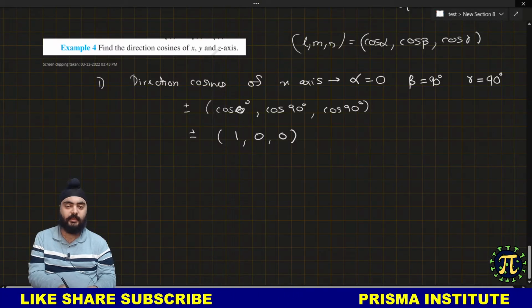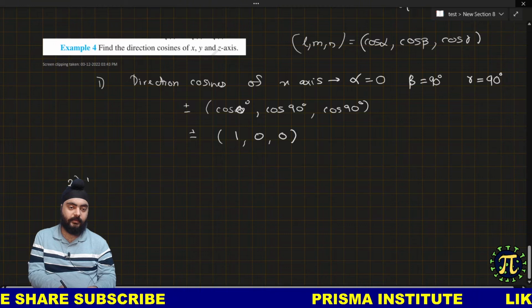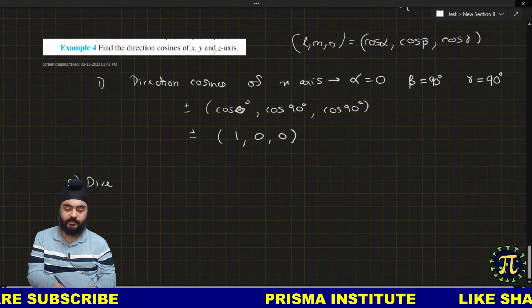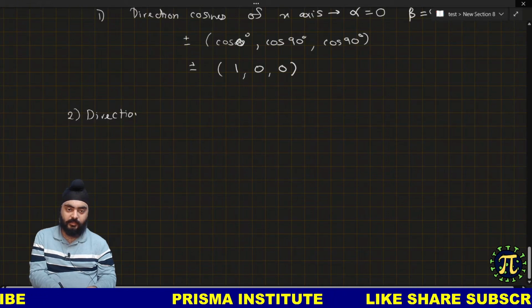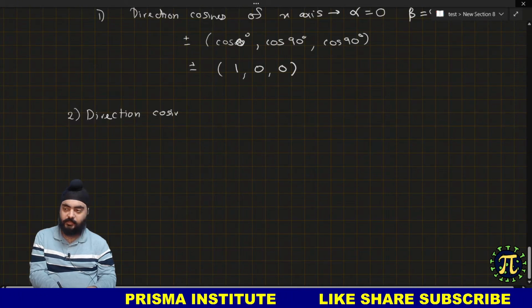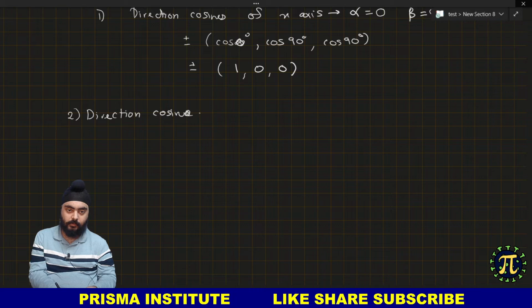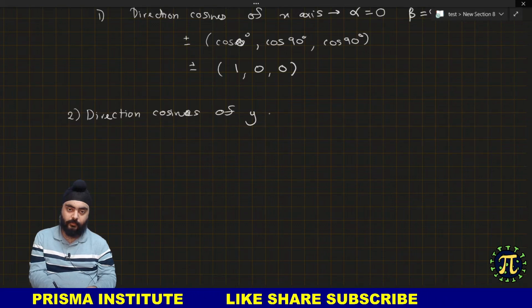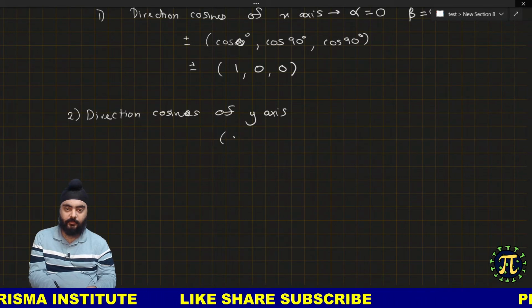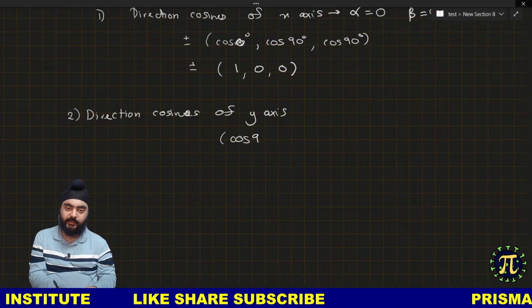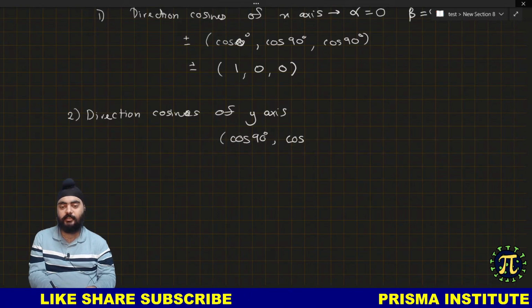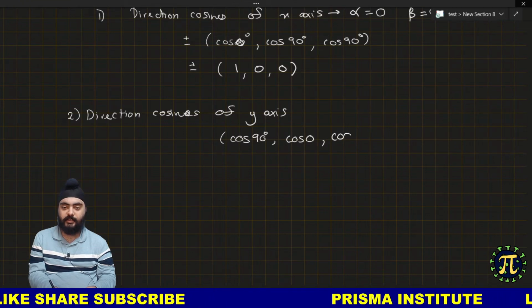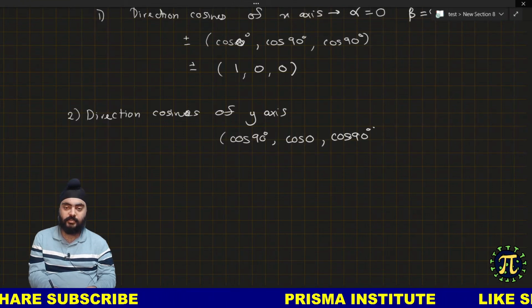And similarly, how will the direction cosines of the y axis be? The direction cosines of the y axis will be cos 90, because it makes 90 degrees with the x axis, and with the y axis it makes 0, comma cos 90, so which are 0 1 0.